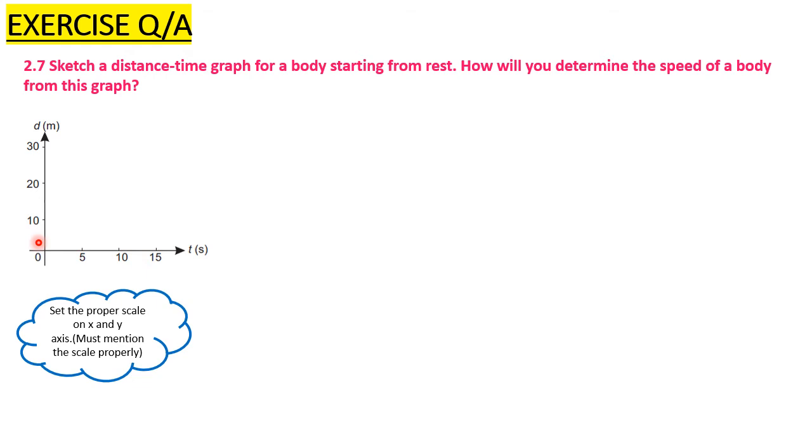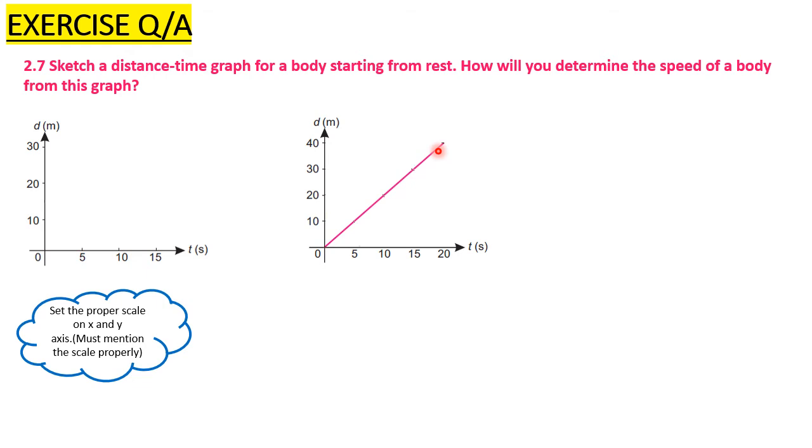After setting the proper scale, now you have to draw the motion of the body. In the first 5 seconds the body has covered 10 meter, in the next 5 seconds the body has covered 20 meter. So this is the graph of a body which is moving with uniform speed.